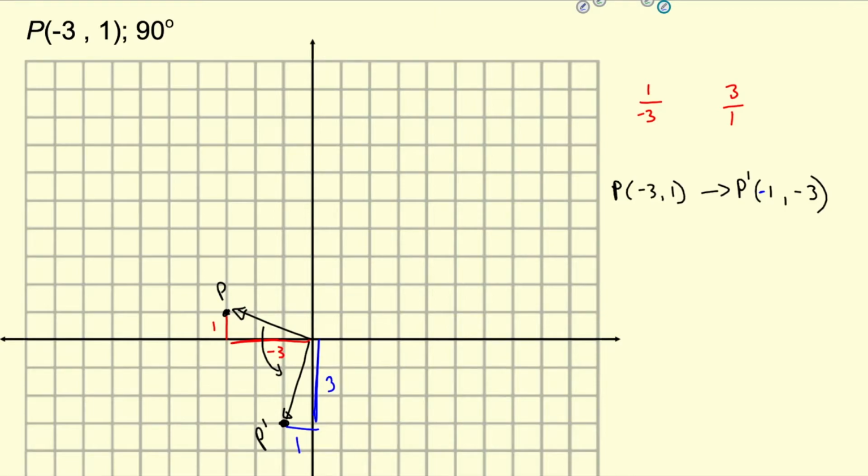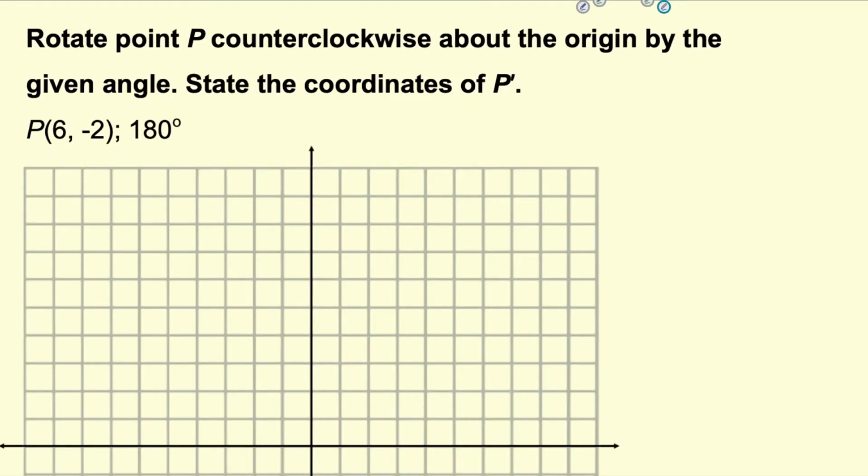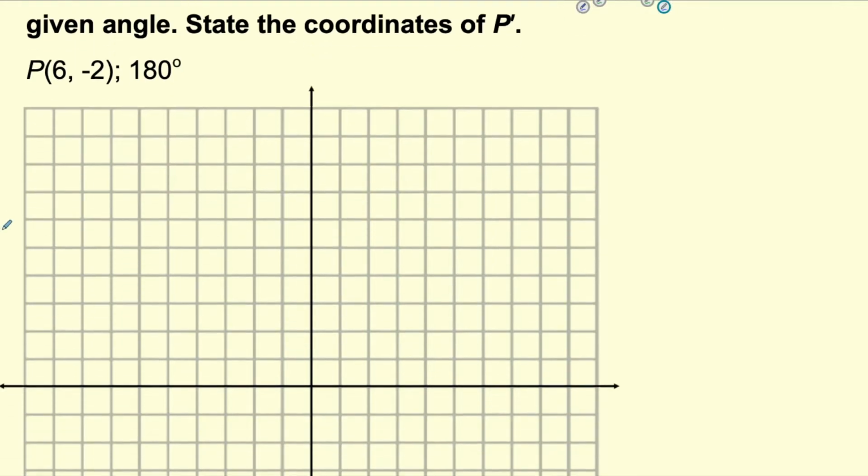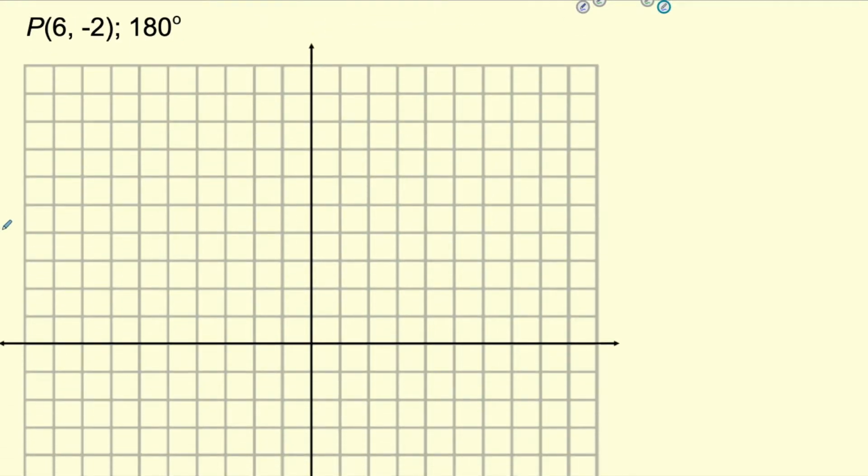All right, as we keep going, we're going to rotate now 180 degrees. One way to think about 180 is that it's like doing 90 twice. So if I take (6, -2), I'm going to draw this out.